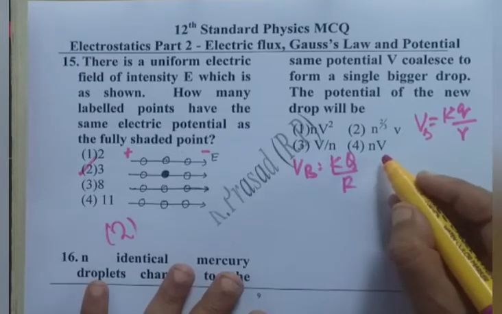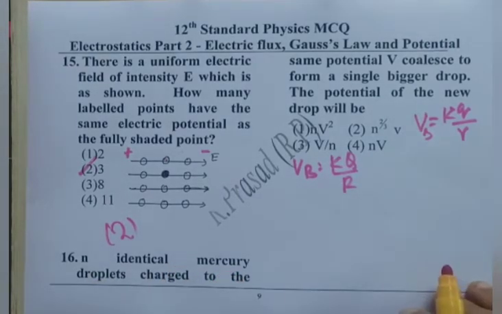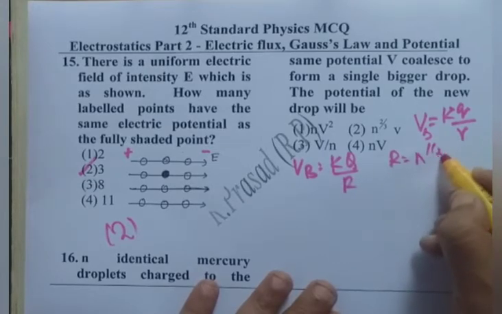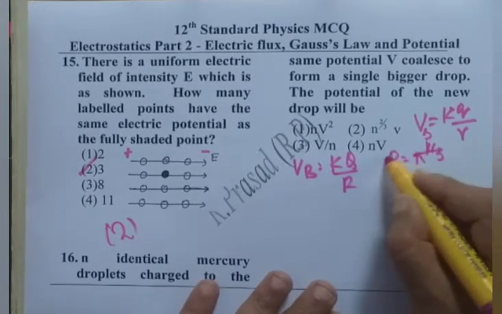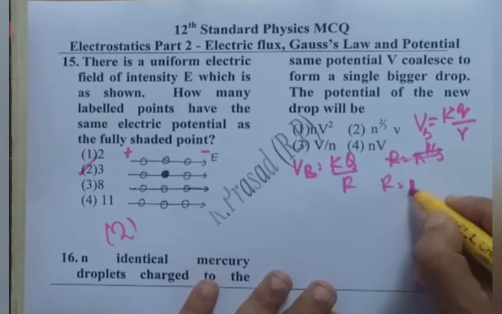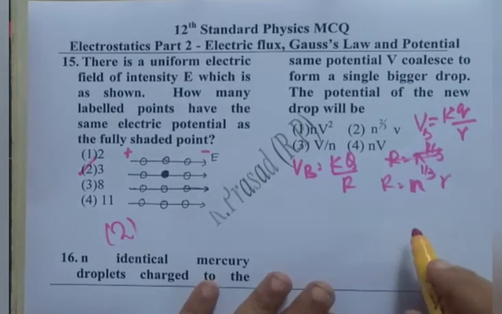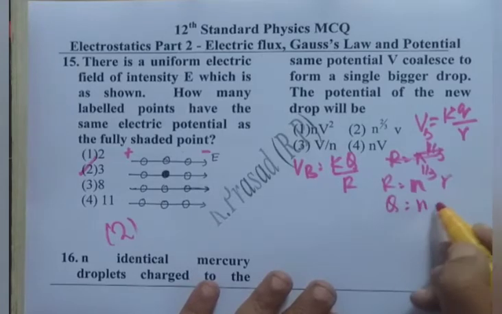But as the big drop volume is equal to the sum of the volumes of all the small drops, we can get R equals n to the power of 1 by 3 r, and Q as nq.